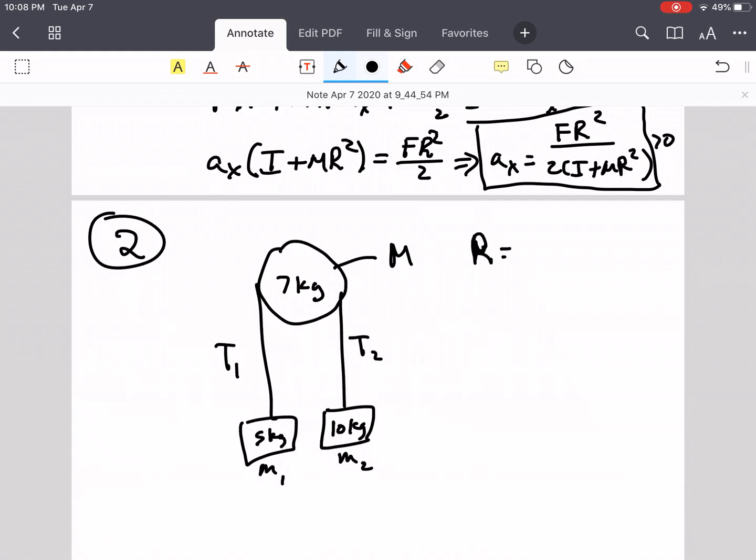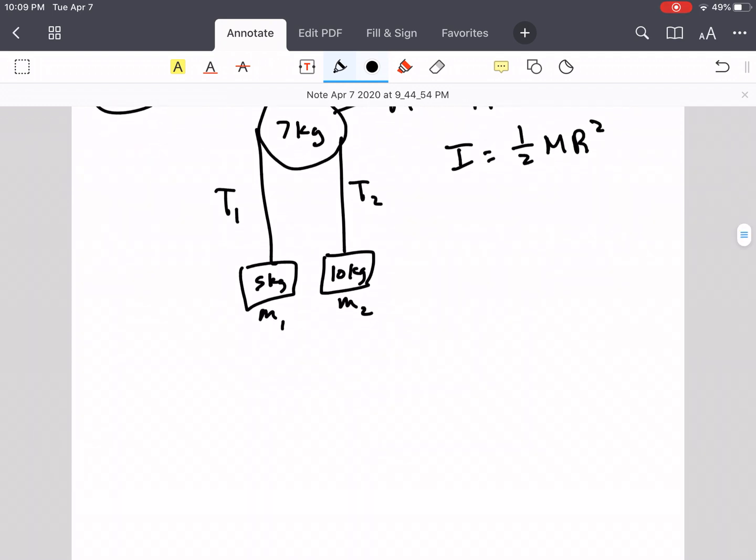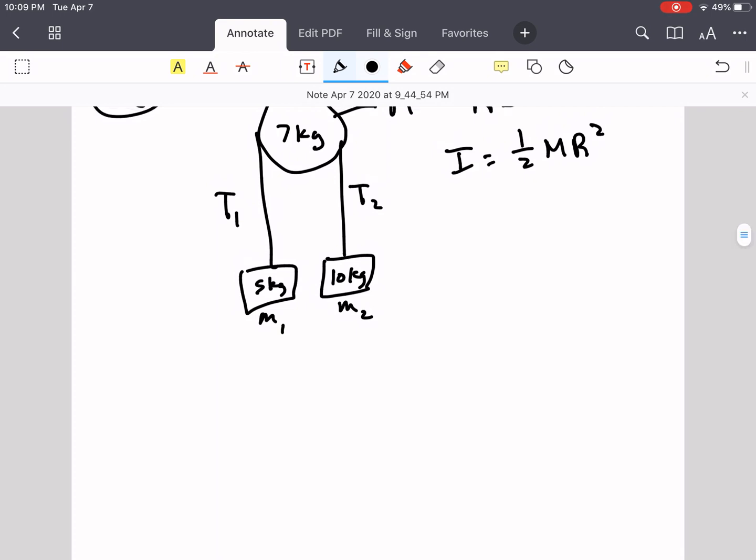The radius of the pulley is 0.2 meters. And it's told to you in the problem statement the moment of inertia of that pulley is 1/2 MR squared. All right, so the question is, what is the velocity of the 10 kilogram block after it moves down 2.5 meters? And what is the acceleration of the 10 kilogram mass?